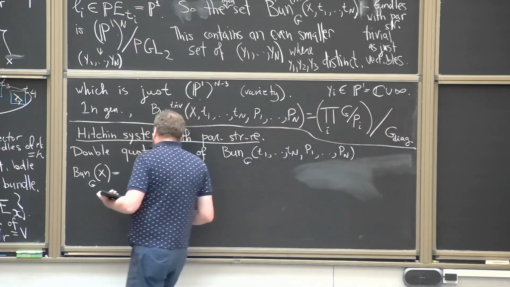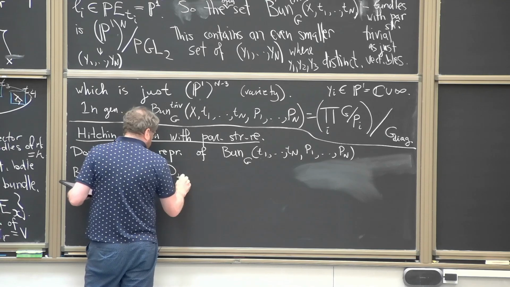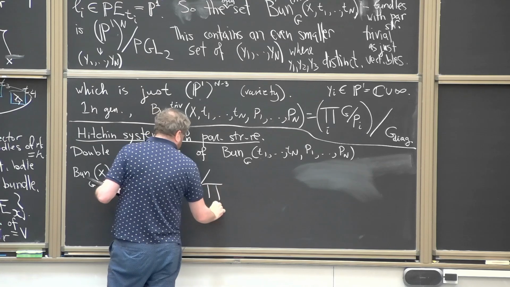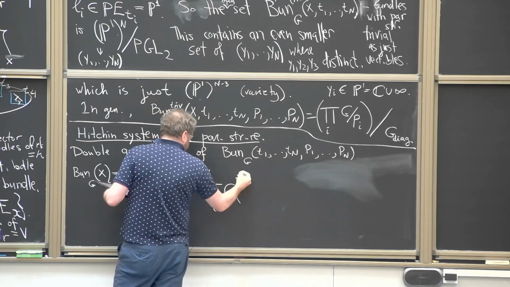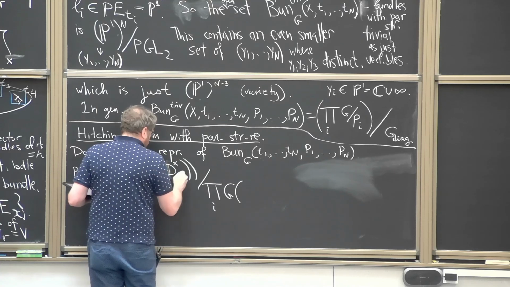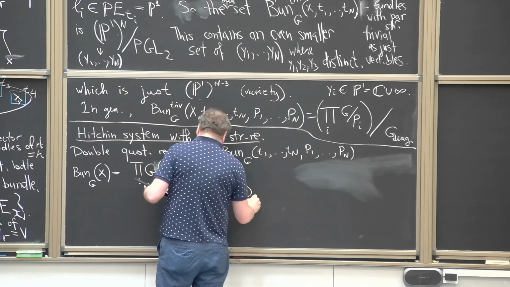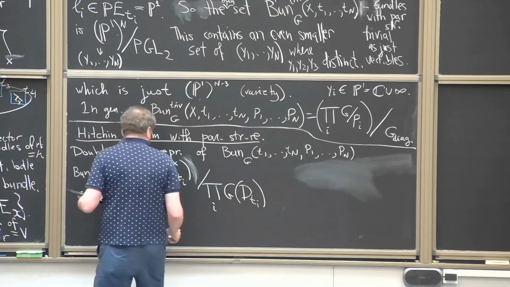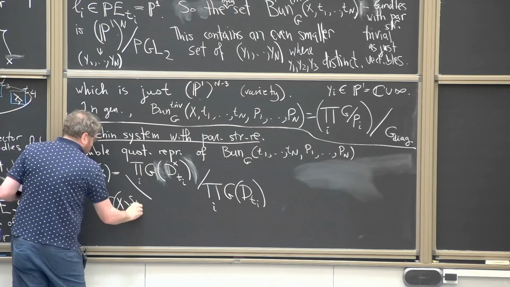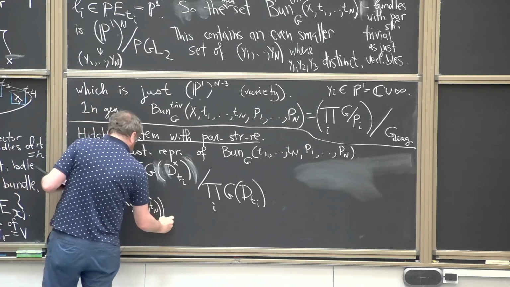So this is a product over i of G of the punctured disks around the points Ti, over the product over i of G of the ordinary, non-punctured disks, and on this side G of X minus T1, ..., Tn. So that's the usual Bun_G.